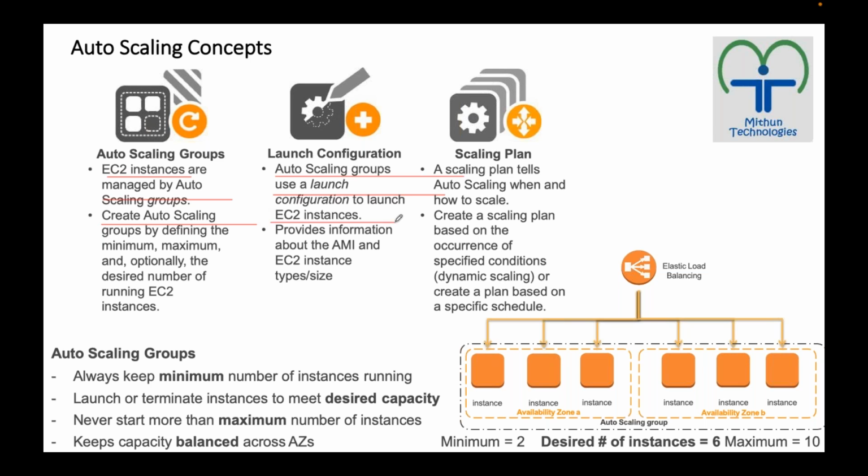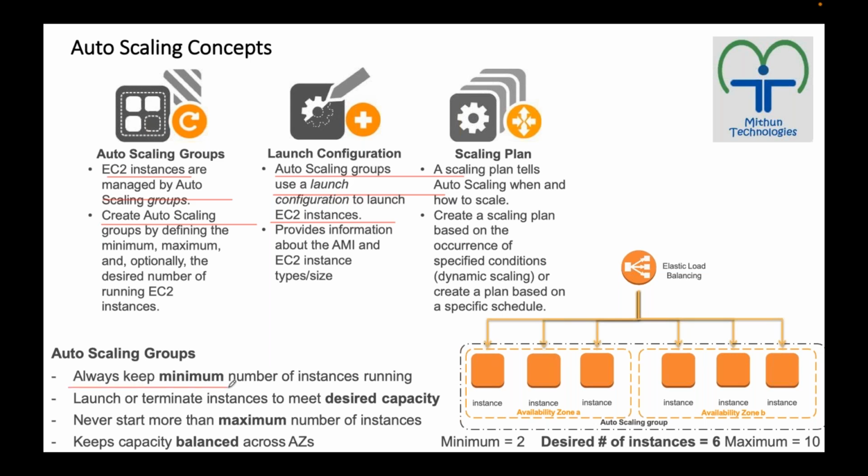As I told yesterday, what type of EC2 instance has to be created, what AMI has to be used, what security group needs to be attached, and what IAM role, if required, to grant permissions to other AWS resources. And again SSH key pair, user data, all those things you can define using launch configuration or launch template. So that launch template is an input for creating servers by that auto scaling group.